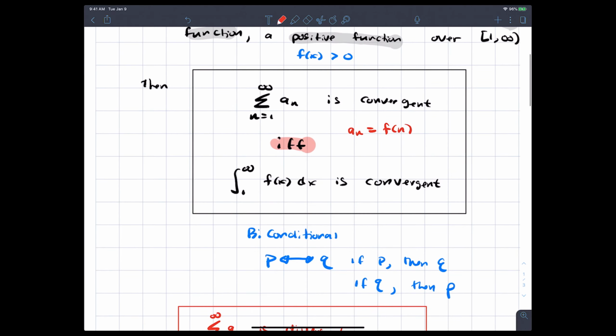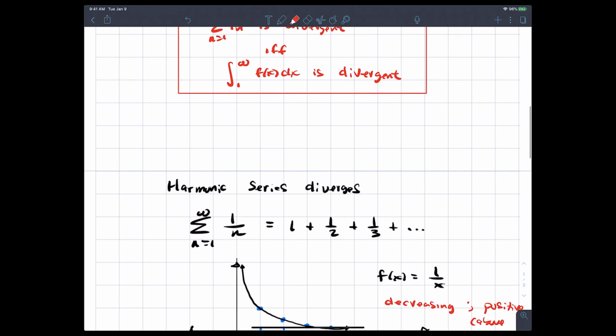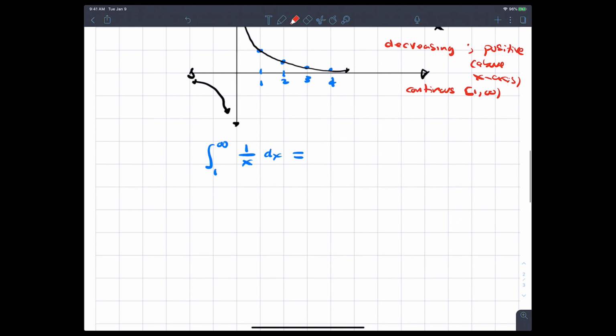However, when you integrate by the improper integral, you have to have a real variable, right? This is x. Domain has to be an interval, not discrete points. So we're going to use this improper integral here. And if we have convergence, then the series converges. If we have divergence, then the series diverges.